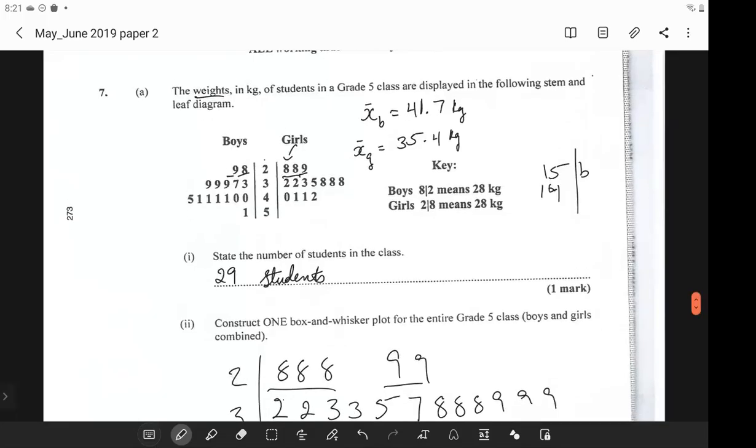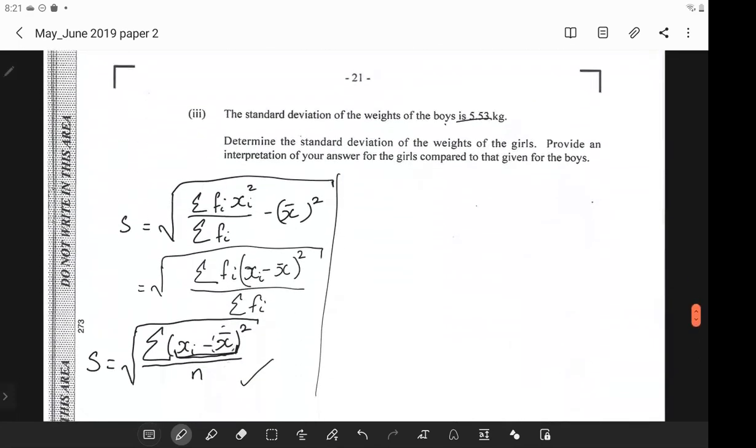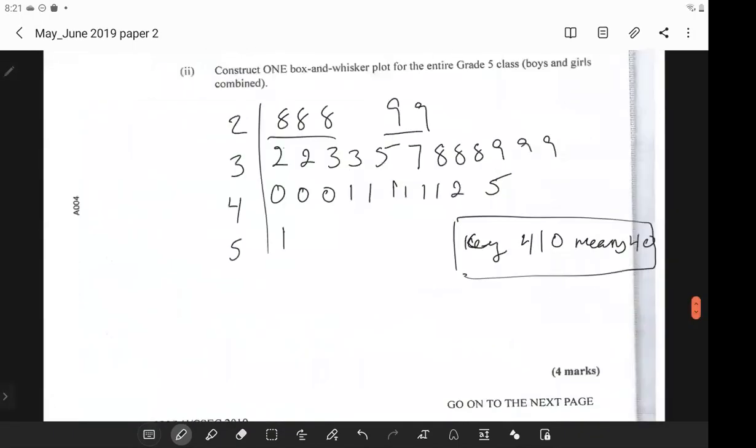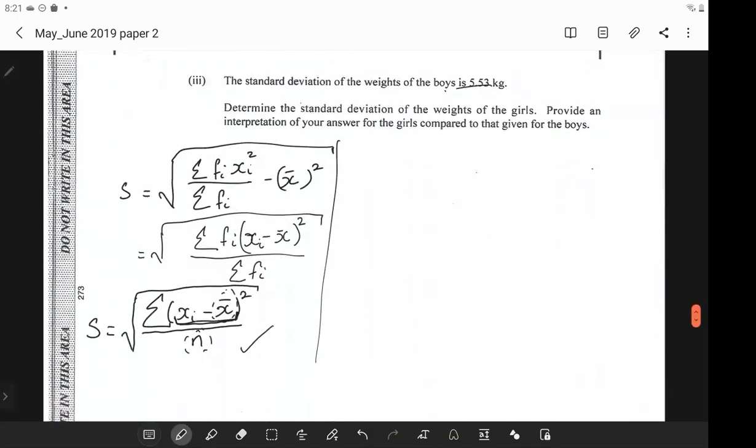So we have the average. This is one part of our equation that we need. We know that n is 14 and xi is each value. So we do 28 minus that and square it, plus 28 minus that squared, 29 minus that squared, etc. That is what the sum of the squares of the individual differences means. Then we add up all those things, and we take the square root after we divide by the 14.